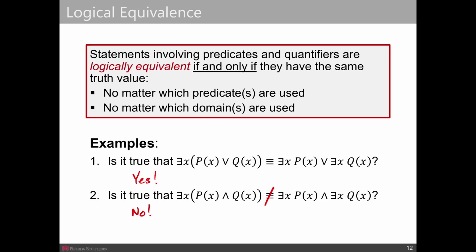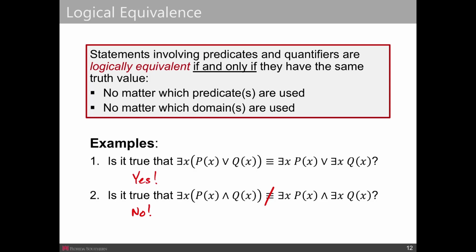It's not equivalent. The left side is suggesting that there's a single value of x that makes both p and q true, and the right side is suggesting that there's a value of x that makes p true and a value of x that makes q true. So for instance, suppose the p is that x likes to eat pizza, and the q is that x likes to eat quiche.